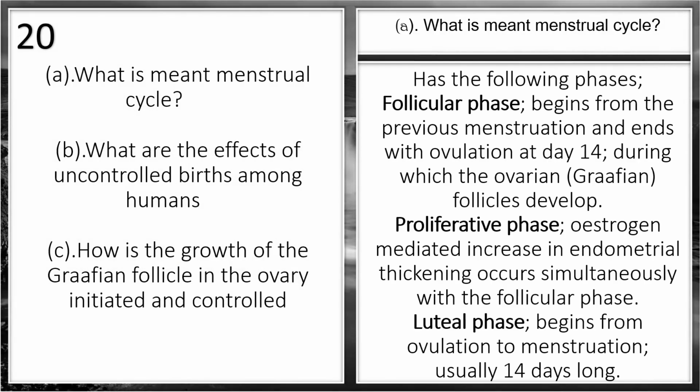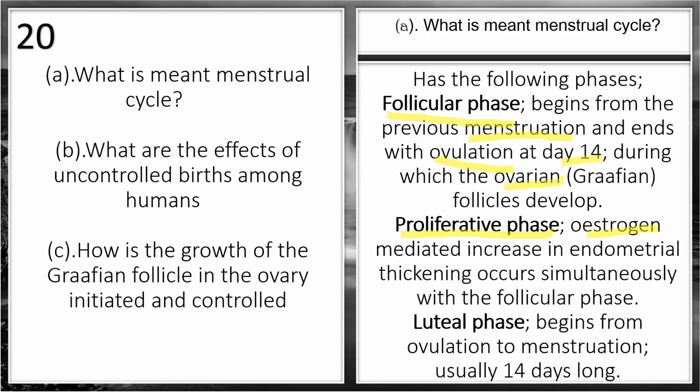It has the following phases. There is the follicular phase. This begins from the previous menstruation and ends with ovulation at day 14, during which the ovarian or Graafian follicle develops. There is the proliferative phase.